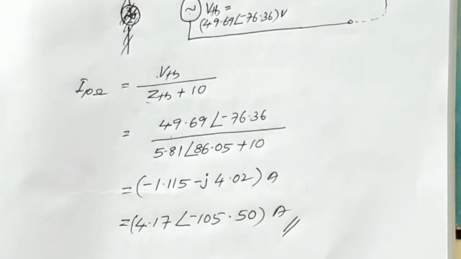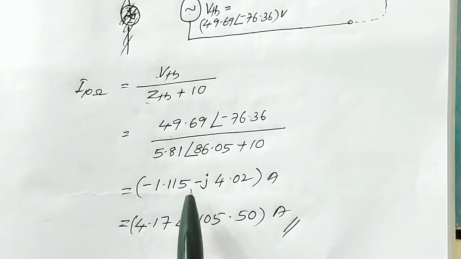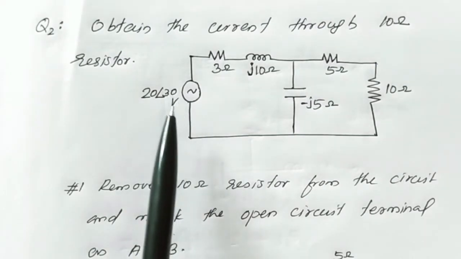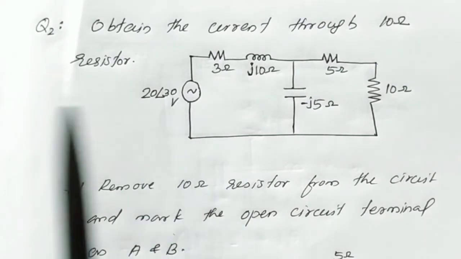Substituting, we obtain the result as minus 1.115 minus j4.02 ampere. Converting this into polar form, the result is 4.17 angle minus 105.50 ampere.